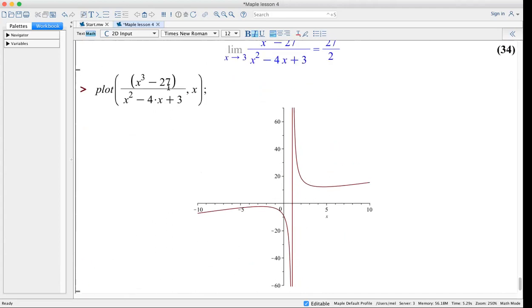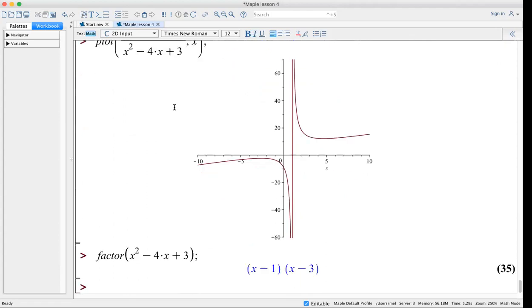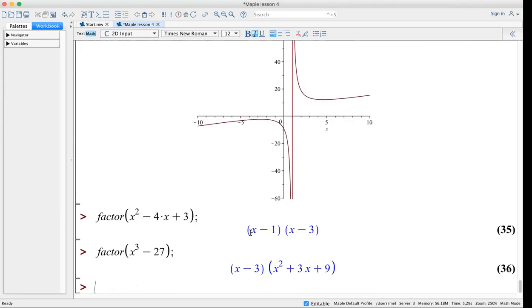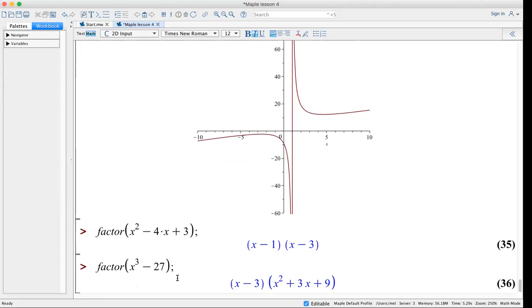That's because this also factors. Let's just factor the numerator. So when you look at the quotient, the x minus 3 is a factor.